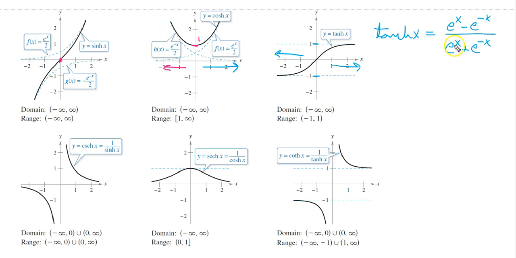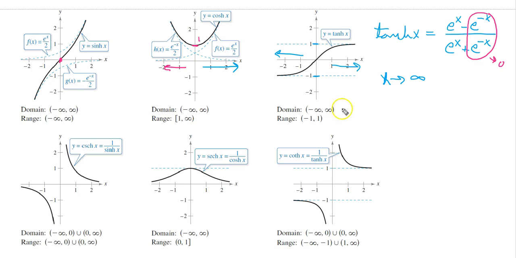And the reason is because if we look at the definition back here for the hyperbolic tangent, notice that as x goes to infinity, these two terms right here, both of these terms will be going to 0, and we'll be left with something that's basically behaving like e to the x divided by e to the x, which is approximately 1. And so that's why this limiting value is 1.